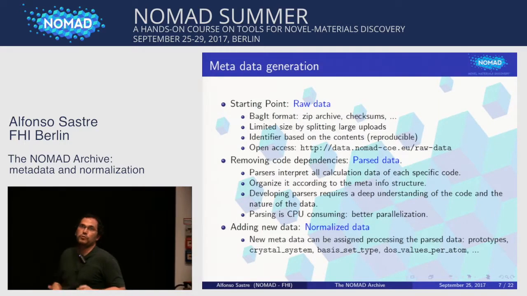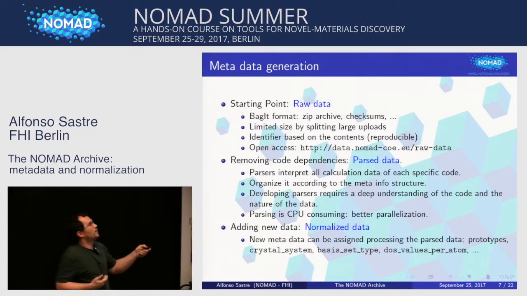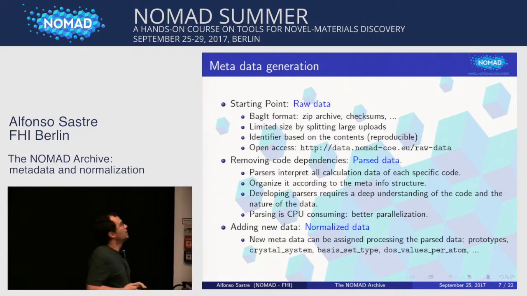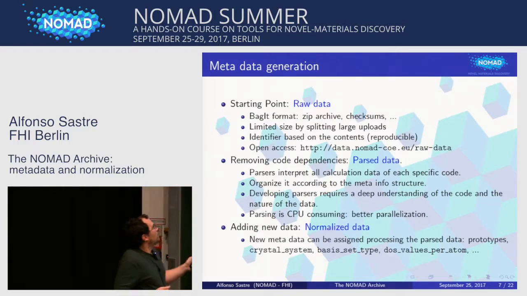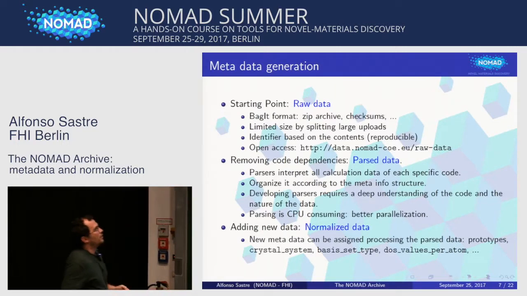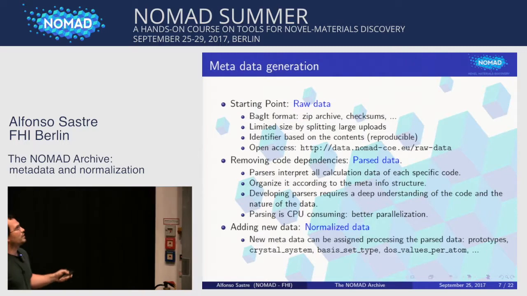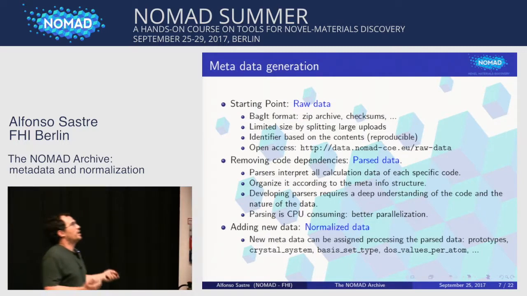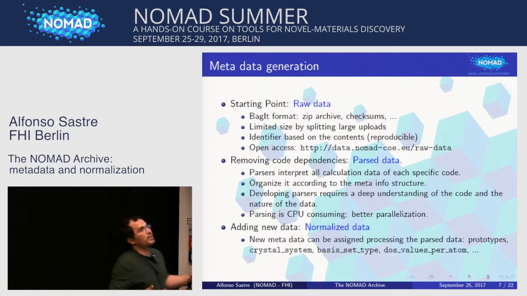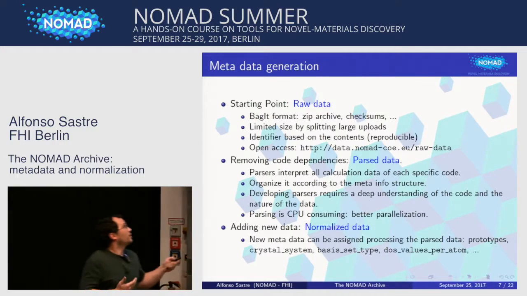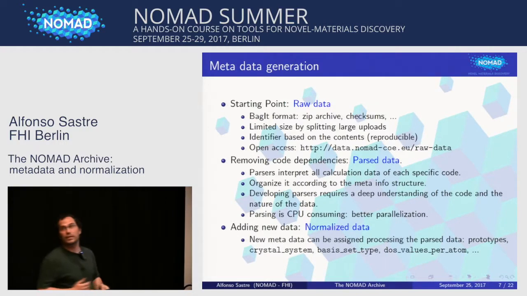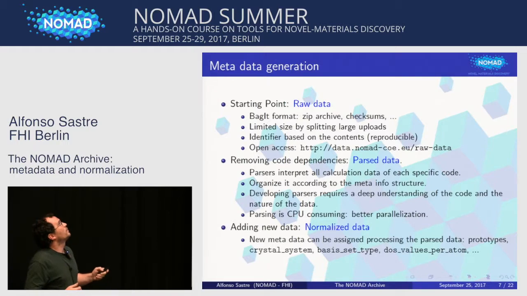If it's something useful for everybody, we can also add this to the archive. Okay, for example, these are some of the quantities that are already added to the normalized data, but we are adding more and more, and if you are interested in any new quantity, you should tell us. Okay?